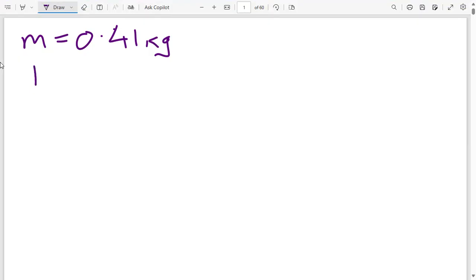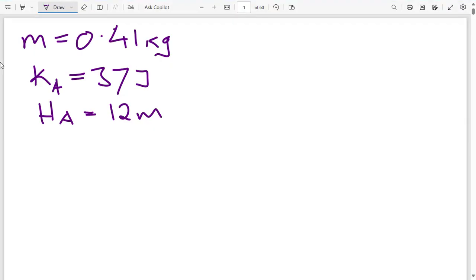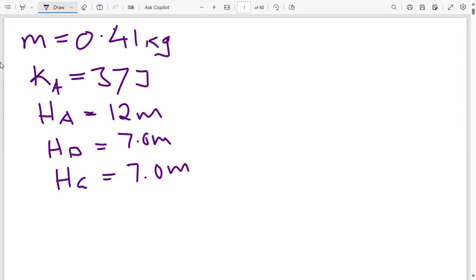We've been given kinetic energy at A, say this is equal to 37 joules. We've been given the height of point A, 12.0 meters, whilst we've also been given the height of point B, equal to 7.0 meters. And this is also the same with point C. It's on the same level. It is also 7.0 meters.